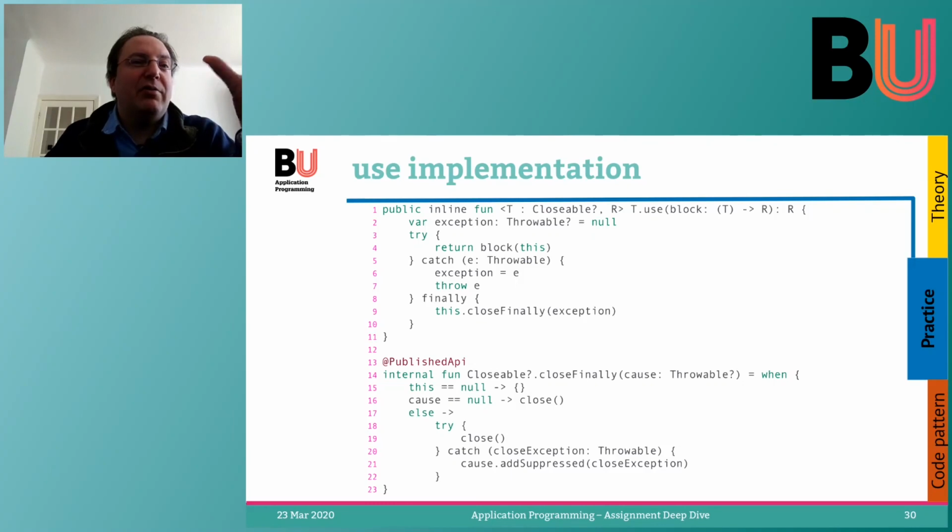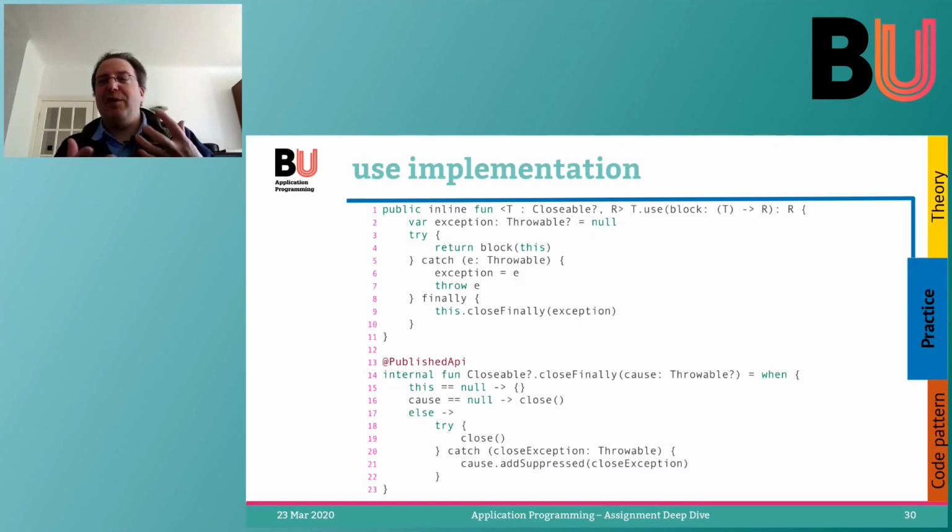if it's a null value, don't do anything. If we don't have any exception, we close this and just do whatever we need to. But if there is an exception, we try to call close, but as we are in an exceptional situation, it might be that close throws an exception. In that case, we want to still record that exception somehow, but now we have two exceptions that we need to choose between.